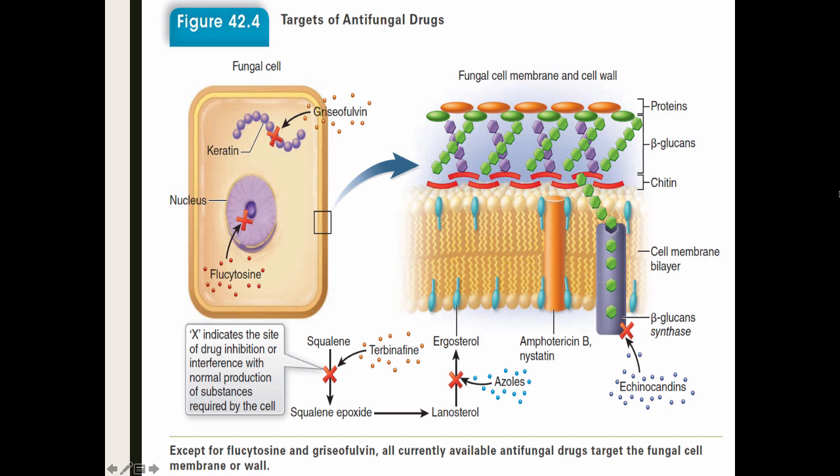So the drug we give targets a specific fungus, and once we know or think we know what the fungus is, we can give this drug that will target that individual fungus's weakness, that weak point.